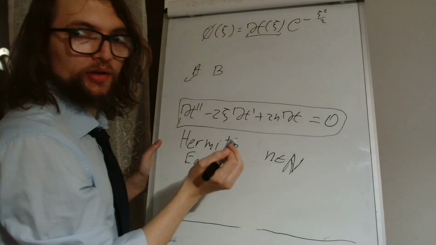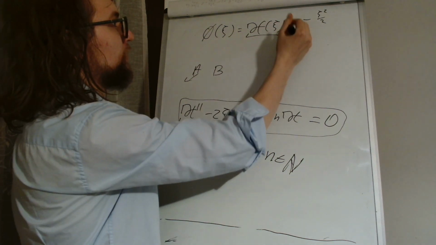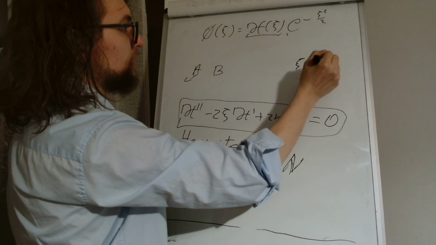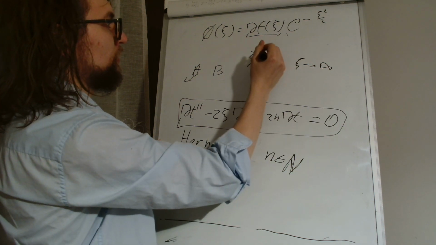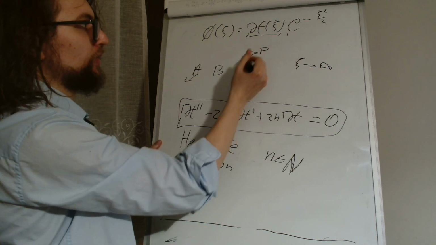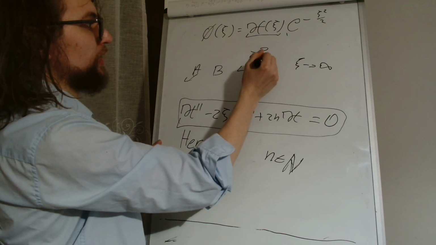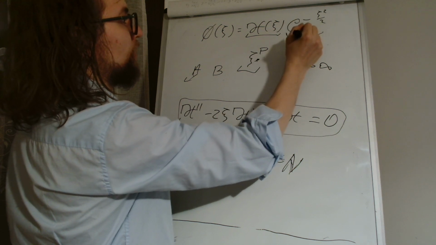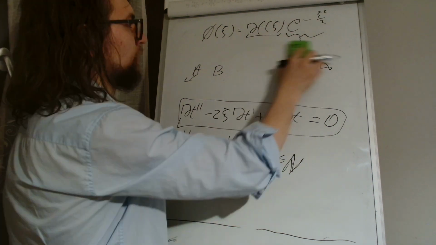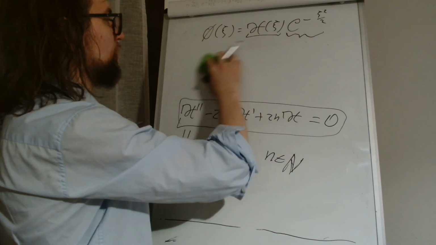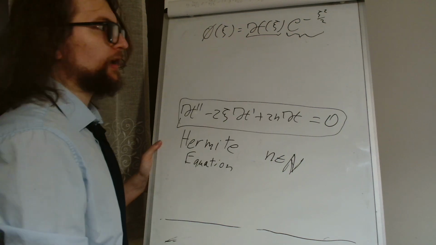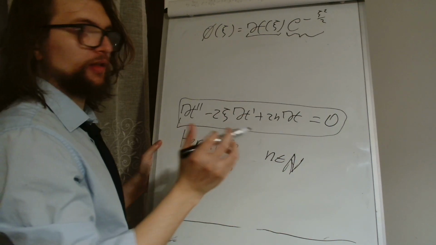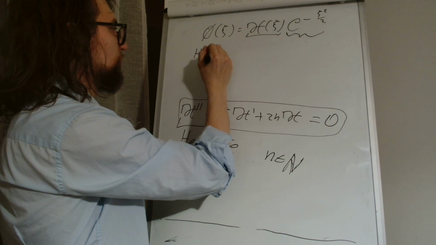Because if h is a polynomial, and a polynomial times this will converge, because as xi goes to infinity, no matter how big the power of the polynomial will be, this will always grow slower than the decay of this term here. So the only solutions which make sense are the polynomial solutions for h, and these polynomials are called the Hermite polynomials.